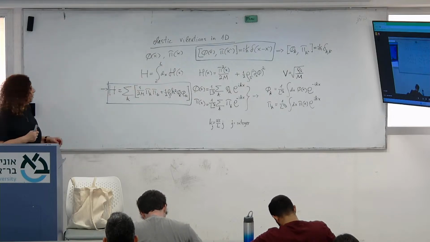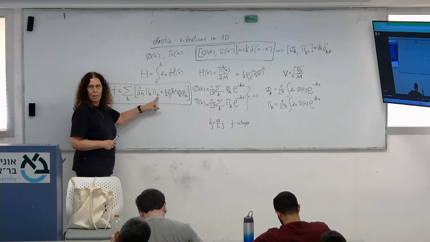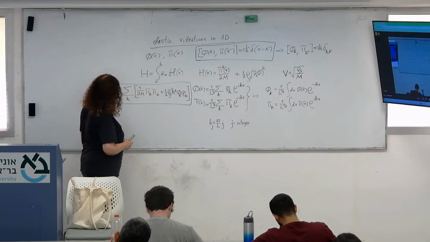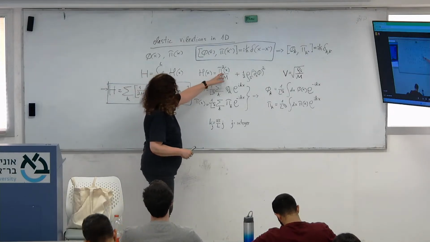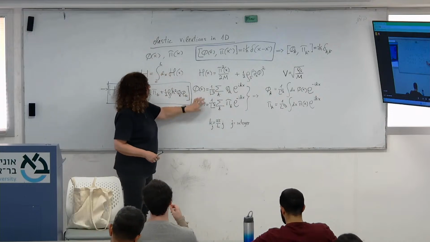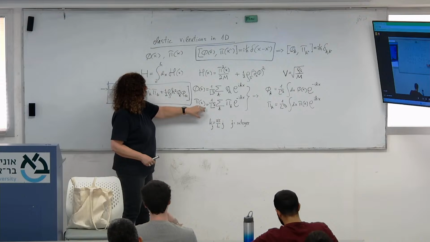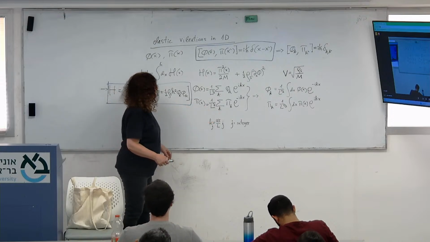Let me explain something. First of all, why do we get here k and minus k? So if you do the calculation of this, plugging in the expansion for pi, for example, let's take the first term, it's easier. It's a double sum of k and k prime.